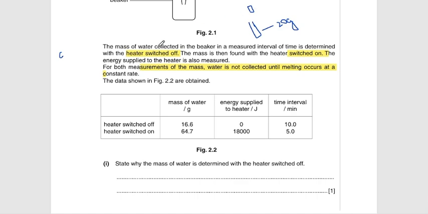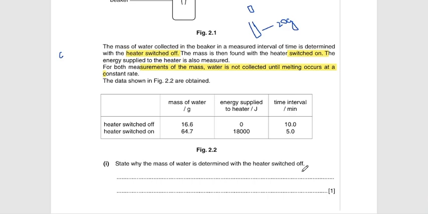So if I want to see how much water is collected when we turn the heater on, I want to know the initial mass of the water. When we say the heater is switched off, I want to measure how much ice melts just from the heat in the air, because even if you do not turn the heater on, the ice will still melt because of the atmosphere.